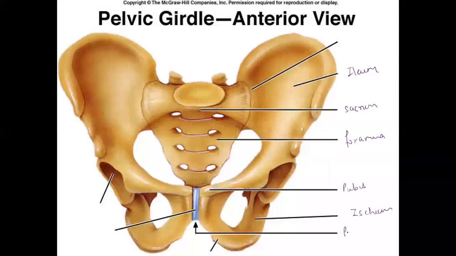This is pubic symphysis. What you can see here is the cavity called the acetabulum, and this is the pubic symphysis area. So this area will stretch a little bit at the time of delivery, at the time of parturition. Otherwise it is not at all functional in male.